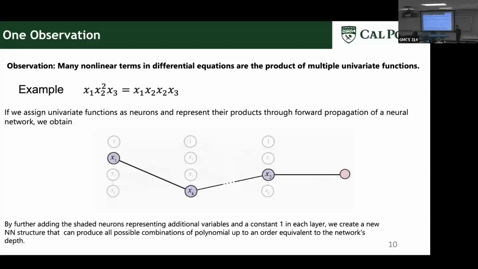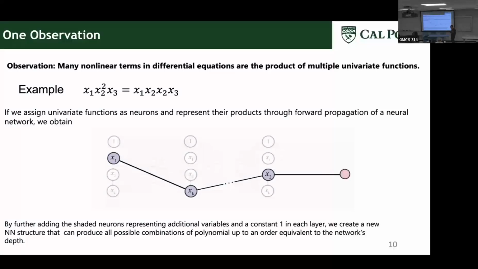All right. There is one observation we can make about those nonlinear terms. Most of them are just combinations of polynomials. The distinct feature here, if you look at this term, is that it is separable. x1, x2 squared, x3, you can think of this as a multiplication of x1, x2, x2, and x3.